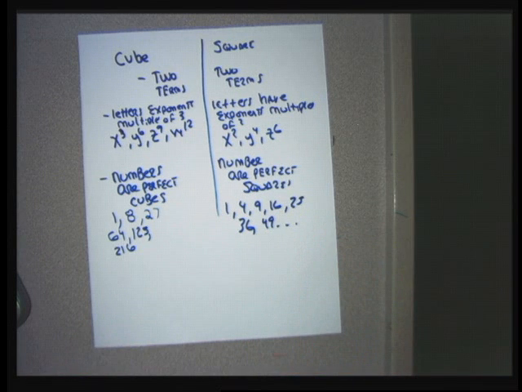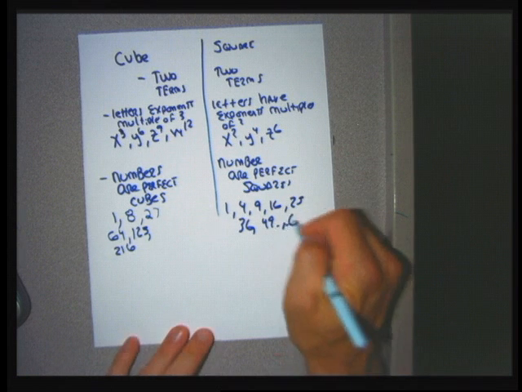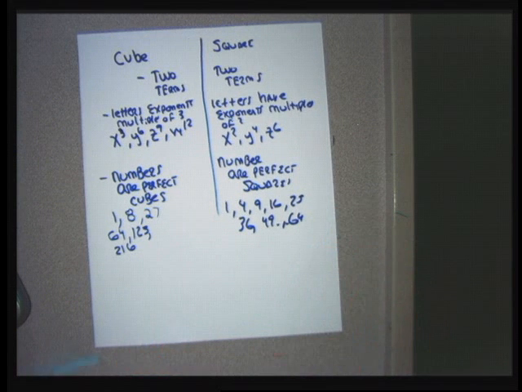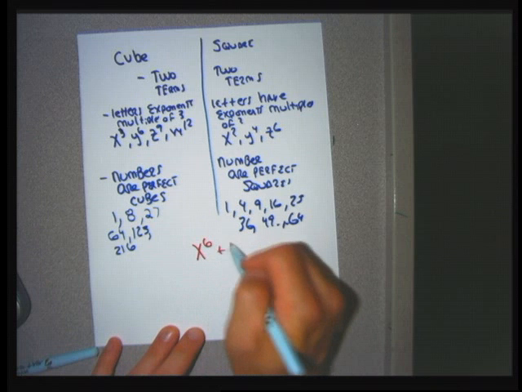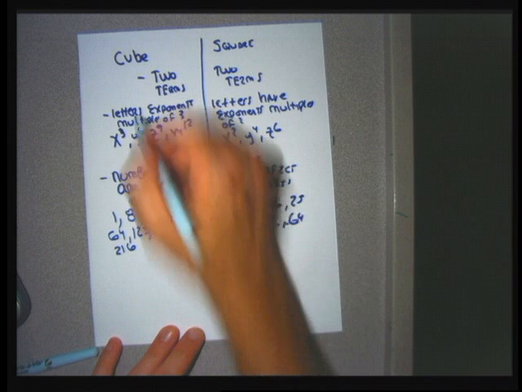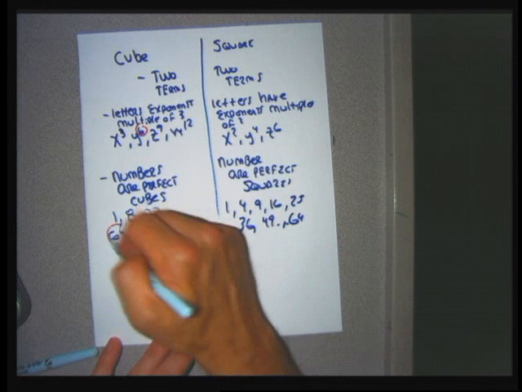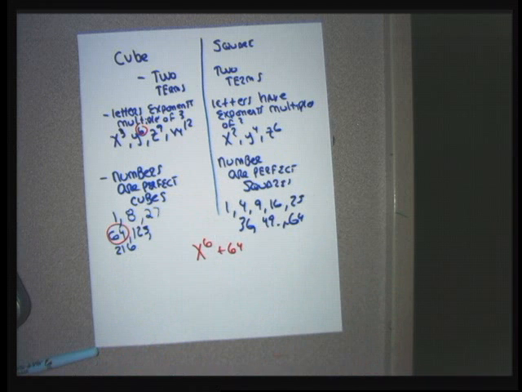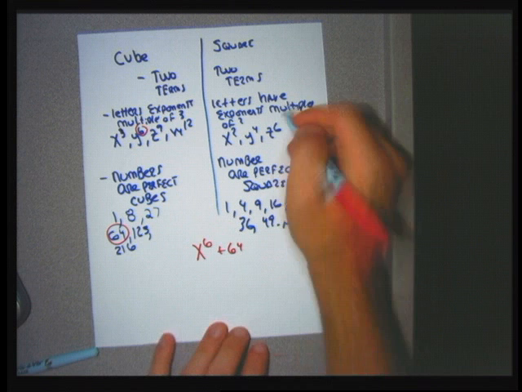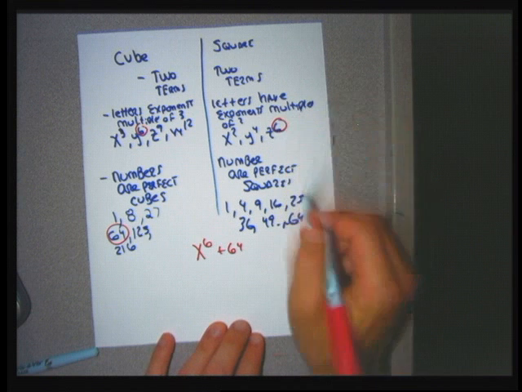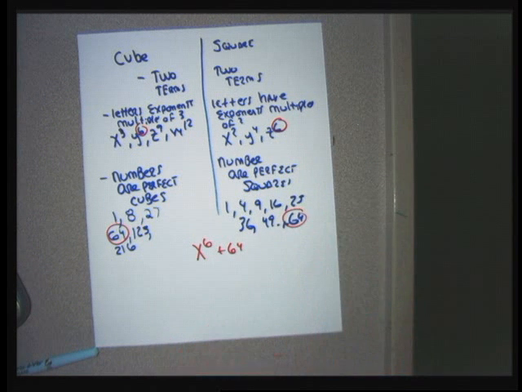So there is the rare candidate that could be both a cube and a square. 64 was another square. This problem right here is kind of a hybrid problem. X to the 6th plus 64 fits this rule because its exponent's a multiple of 3 and the number's a perfect cube, but it also fits exponent as a multiple of 2, the number has an integer square root.